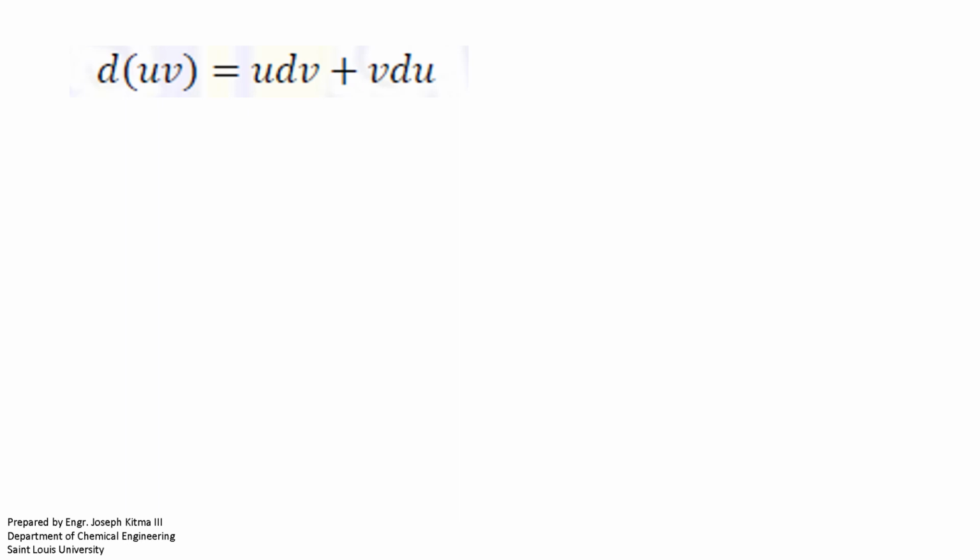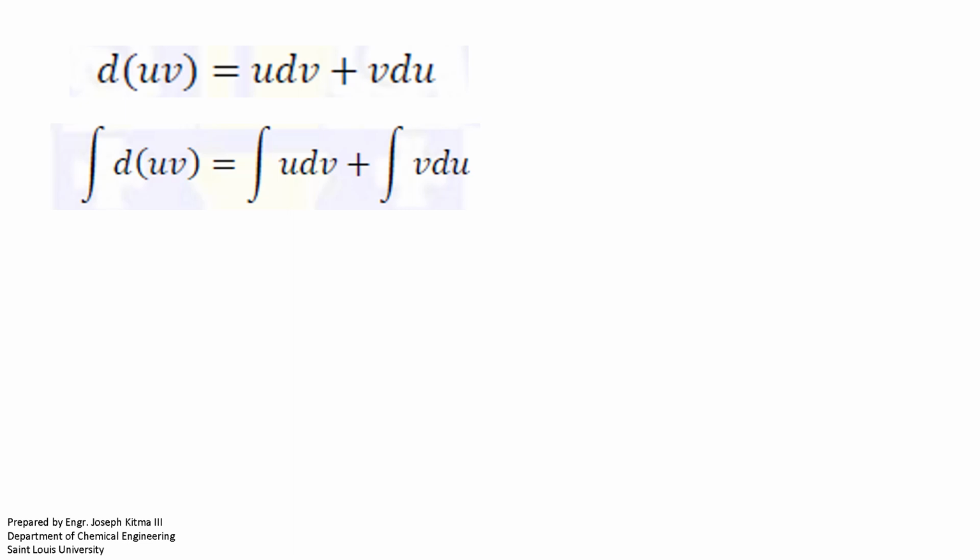Now, what if we integrate this equation? If we integrate this equation, we could simply apply on the left side the properties of integrals, thereby making this uv equal to the integral of udv plus v du. And we will transpose and solve for the integral of udv.